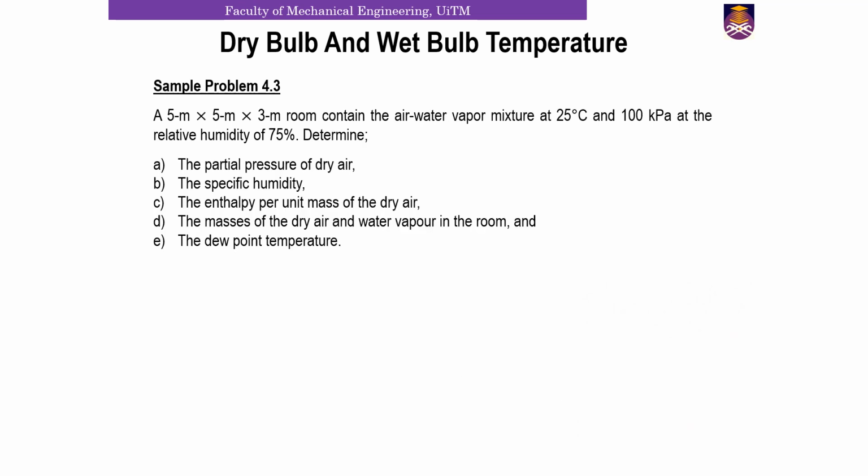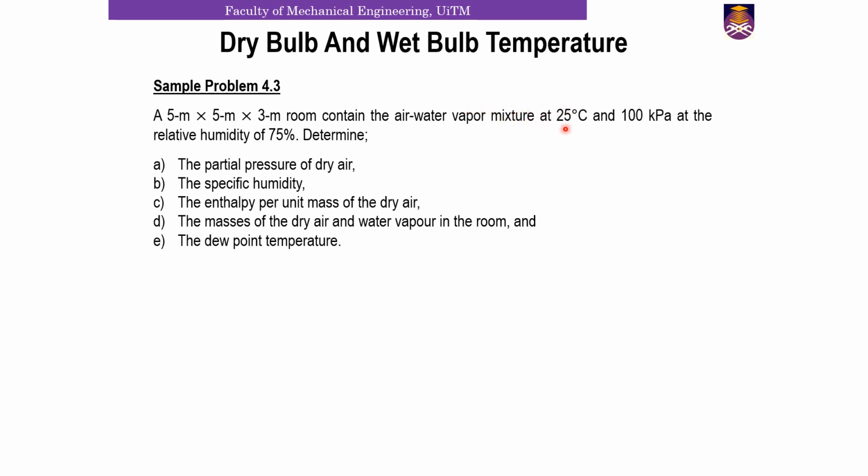Now let's look at some sample problems before we move into our next section. Here we have a 5 meter by 5 meter by 3 meter room, which contains the air water vapor mixture at 25 degrees Celsius and 100 kPa.